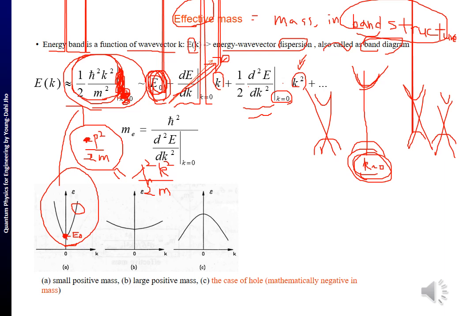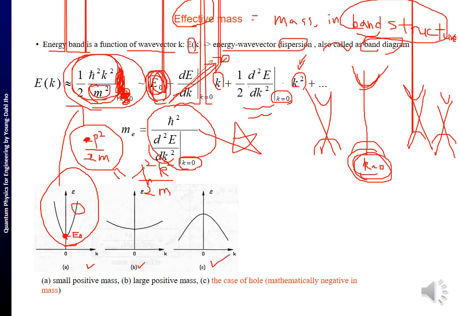Then you will induce the effective mass by comparing the left and right hand sides. Then you will get this, and this is called the effective mass. This is actually a very important definition. So the effective mass, let's say we consider an electron, for example, is equal to h bar square over d square E/dk square at the point of k equals 0. So for these three figures, A, B, and C, we can consider the effective mass.